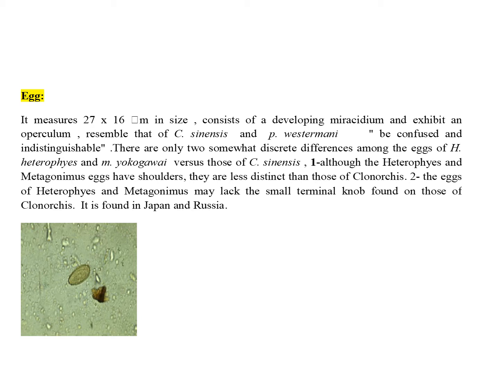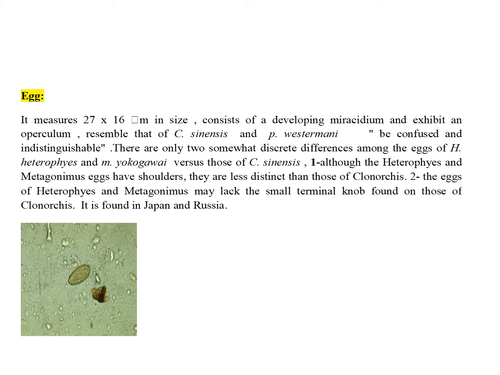This slide deals with the egg. This egg consists of a developing parasite. When it is hatched, it is embryonated, not unembryonated like those studied in preceding lectures. So it consists of a developing miracidium and an operculum.